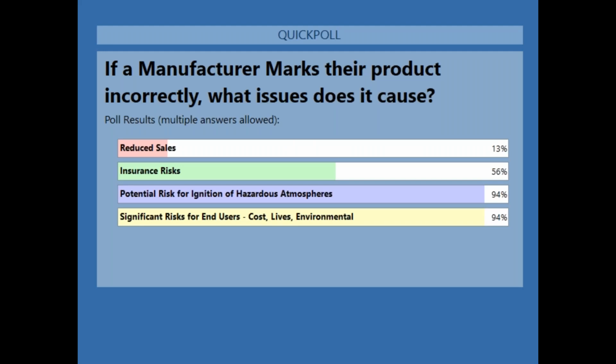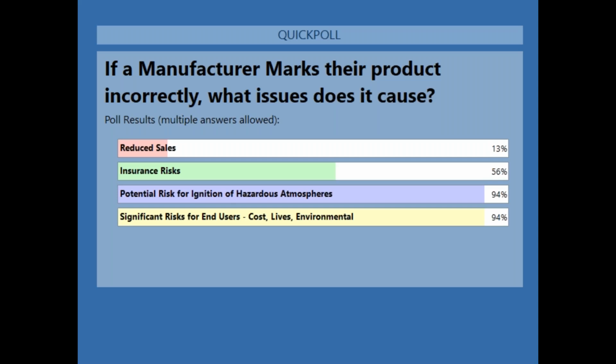Manufacturers, you've reduced your sales. Any procurement person or any inspector that sees your equipment will say this is, for lack of better terminology, garbage. If you as a manufacturer have not marked your equipment properly, you're reducing your own sales. You're also increasing your insurance risks. Also, you're causing potential risks for ignition in hazardous areas.